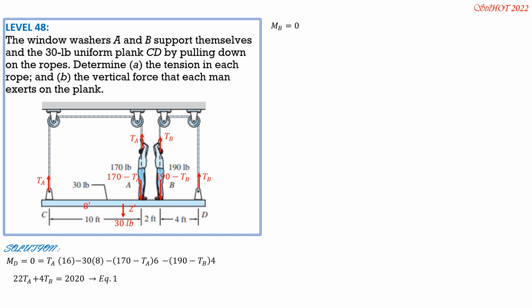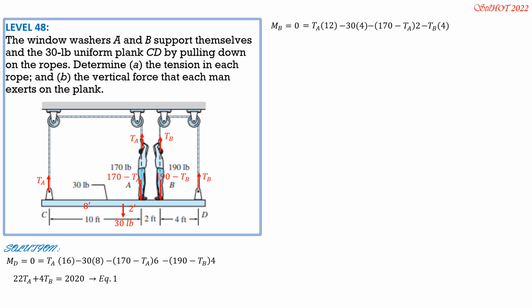Then we set the moment about B to 0, considering the FBD of the plank. Clockwise positive, we have T_A times 12 minus 30 times 4 minus the quantity 170 minus T_A times 2, then minus T_B times 4.